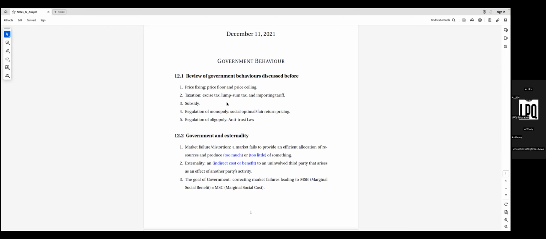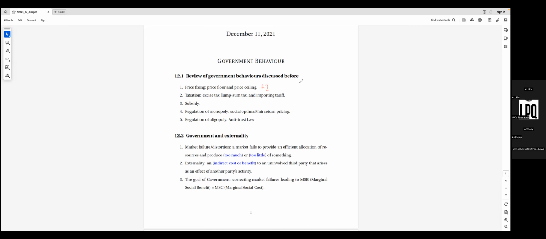The first one is price fixing. We learned the price fixing policy in the last part of your notes number 2, the last page.